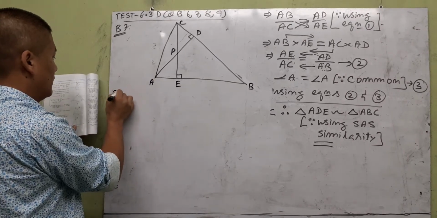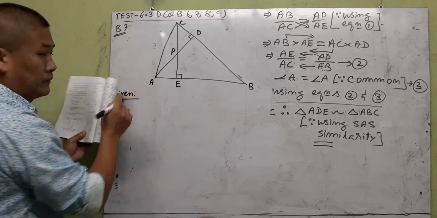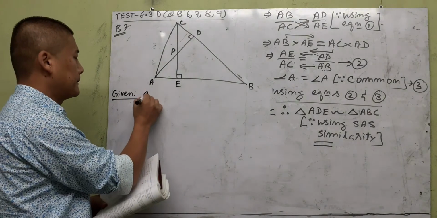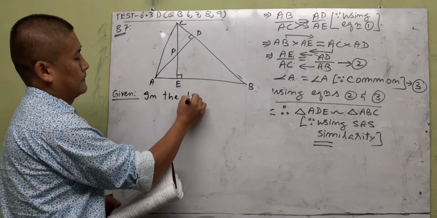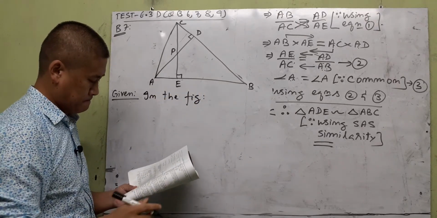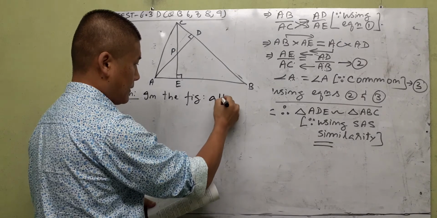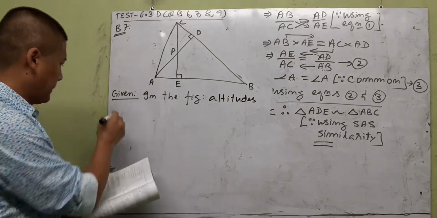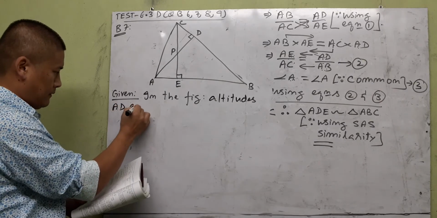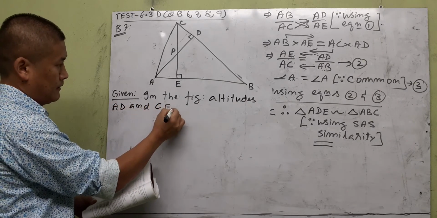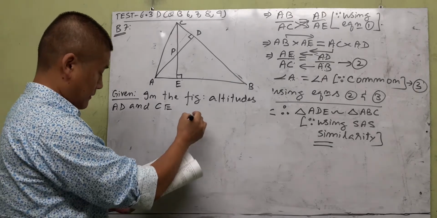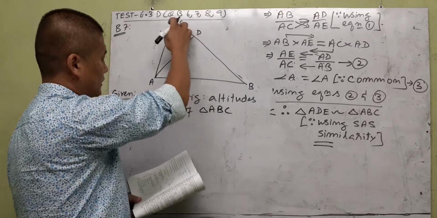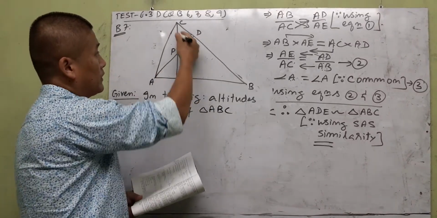So given, as we see in the question in the figure here, altitudes AD and CE of triangle ABC, the big one, A, B, C. Altitude means the perpendiculars, okay?